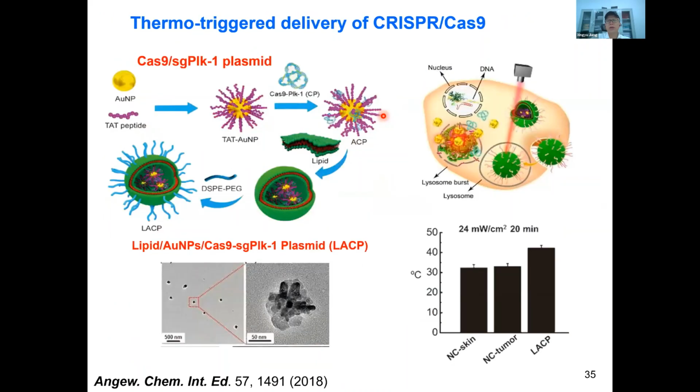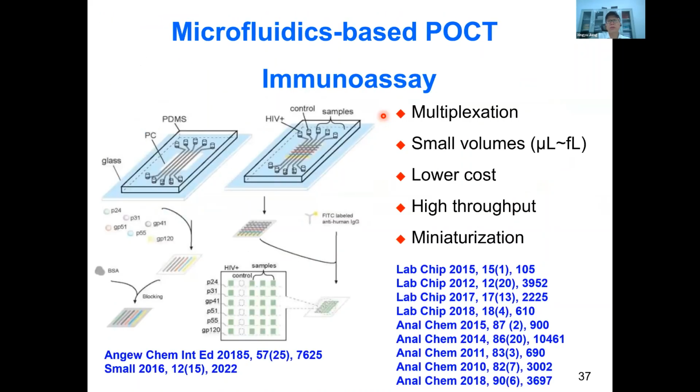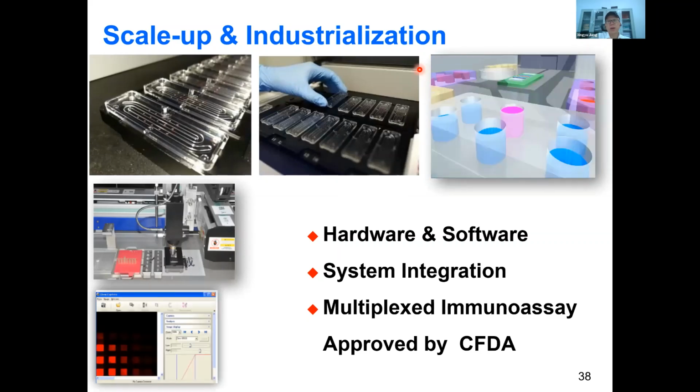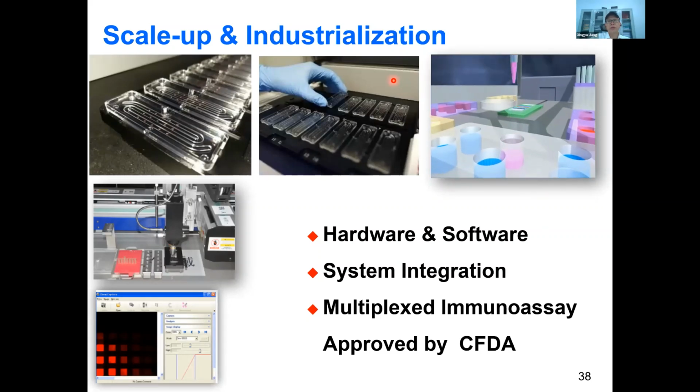So at the end, I want to tell you that using microfluidics and combination nanoparticles, we actually use this for point-of-care testing, immunoassays, and nucleic acid amplification, and we were able to scale up with a company in China, and some of our products have already been approved by the Chinese version of the FDA.